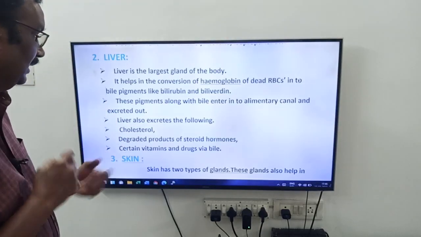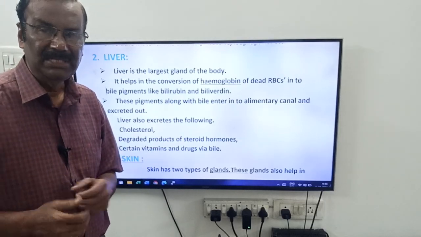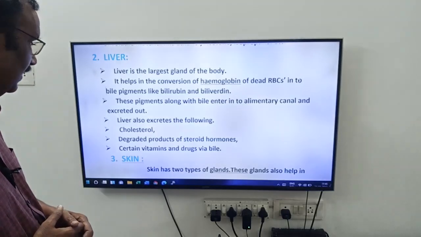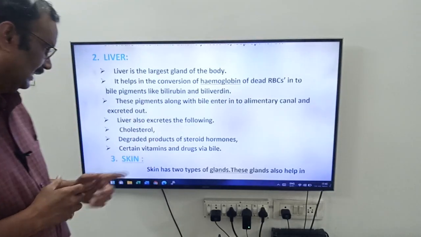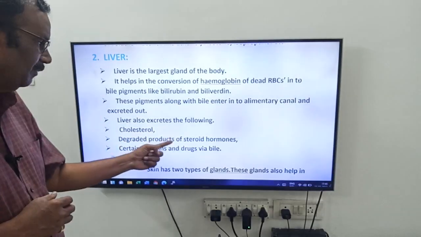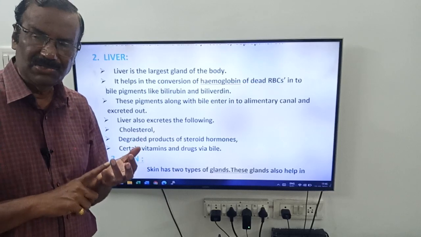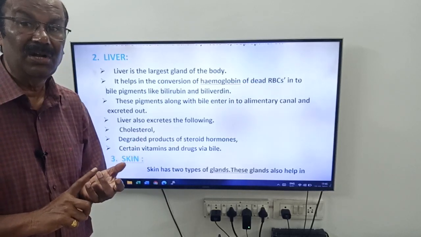Now, the liver also excretes the following. In addition to bile pigments, the liver also excretes some more substances. What are those? It excretes cholesterol. It excretes degraded products of the steroid hormones.